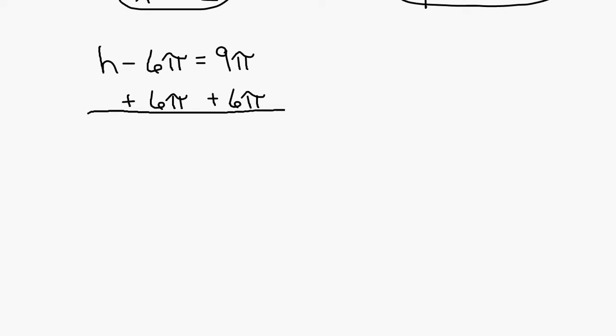What happens to the 6 pi's? They zero each other out, don't they? The h falls straight down. The equal sign comes down. 9 pi plus 6 pi, 15 pi. 15 pi, very good.